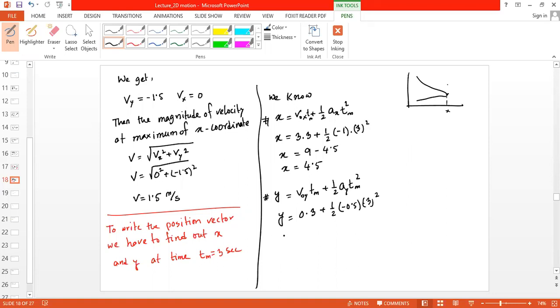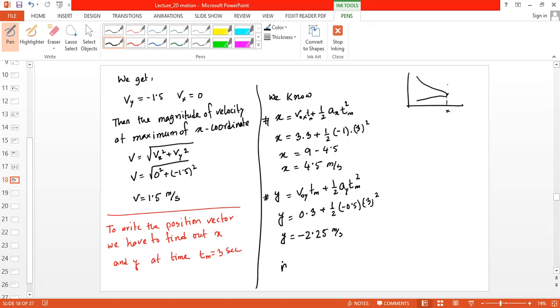So y is equal to, this one is 0, এটা কত হবে? 0.5 into 0.25 কত হয়? 2.25. It should be like minus 2.25.